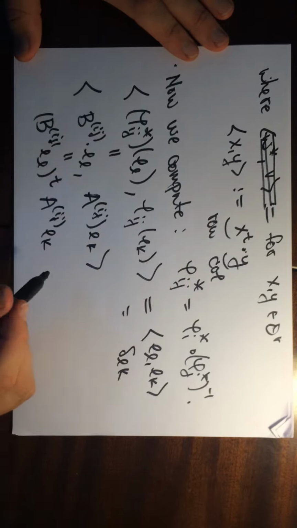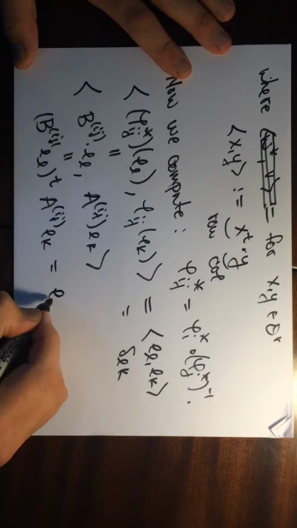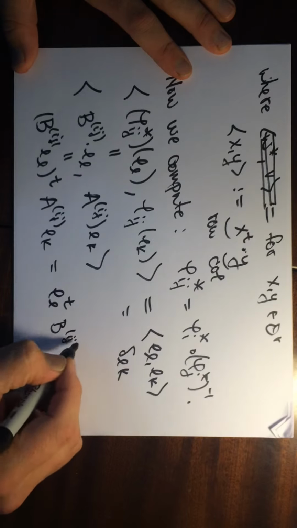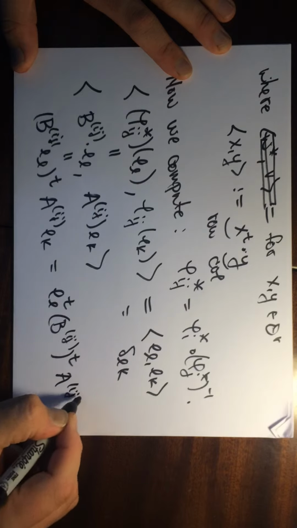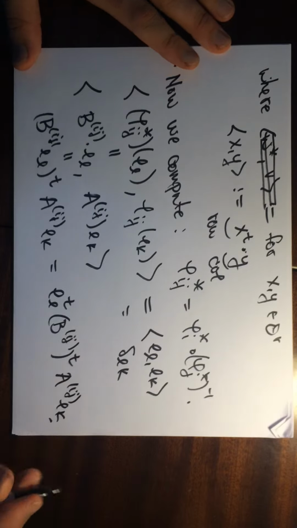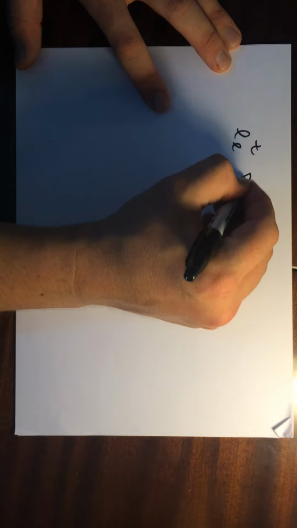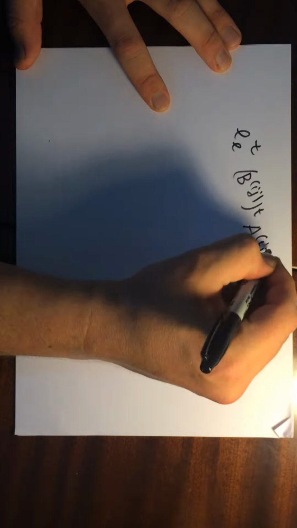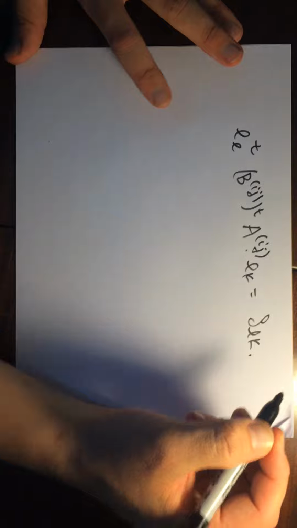Okay, and now we'll just write it out. So this is E_L transpose of B_ij transpose of A_ij E_K. Okay, and so now we have an identity. The identity that we have is that E_L transpose B_ij transpose A_ij E_K is equal to the Kronecker delta, delta_LK.